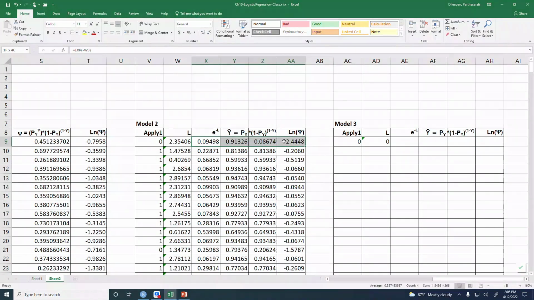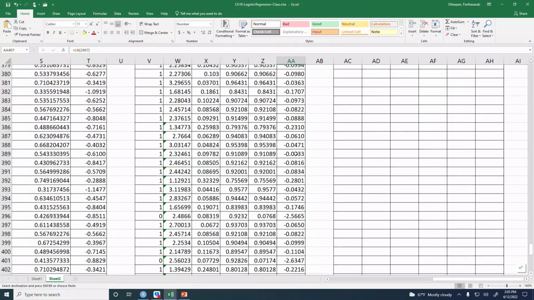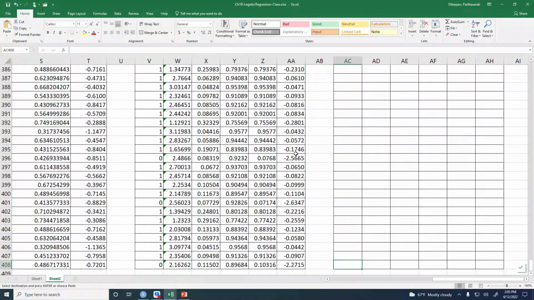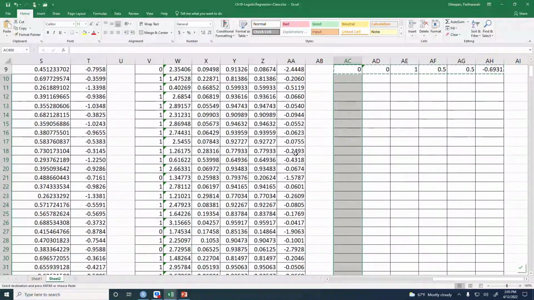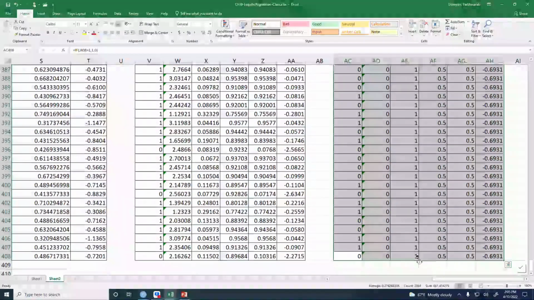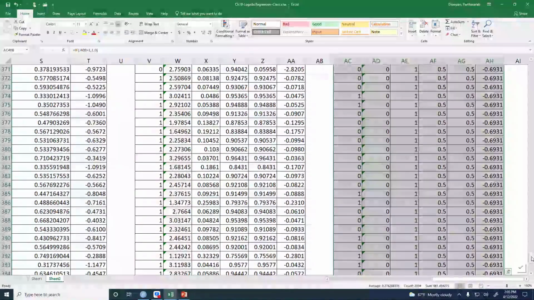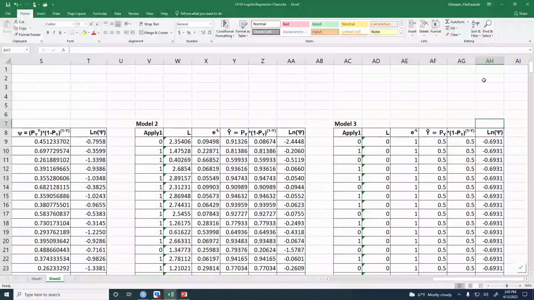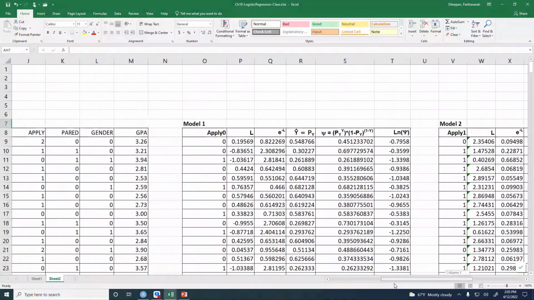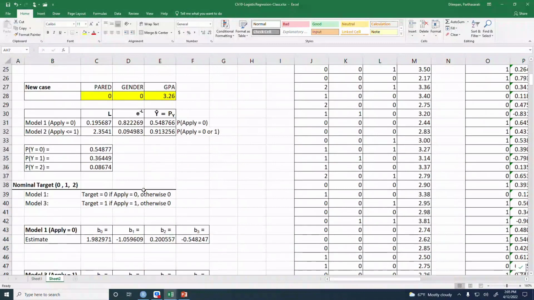So now we can copy these 4 cells over, and then copy that row to the rest of the rows. Then sum this column as the set target cell. So that will be our maximum likelihood function, the logarithm of the maximum likelihood function.